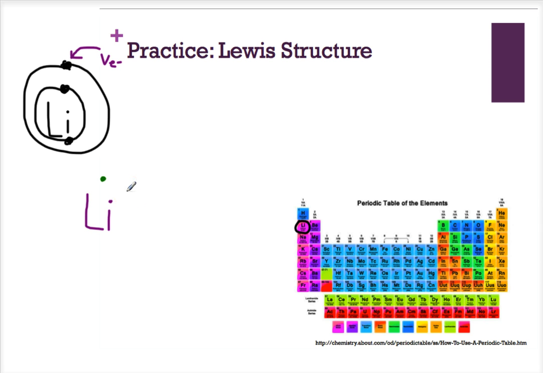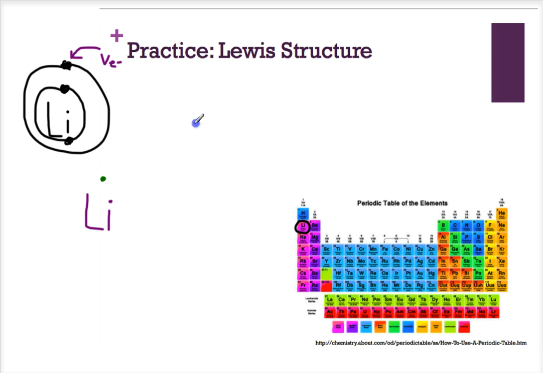Now, just a word of caution, if you decide to do the electron dot diagram or Lewis structure and place your electrons going to the right or clockwise, you must maintain that it must be consistent. If you decide to go from the top to the left, wherever you start, if you go clockwise, you need to keep it consistent. If you go counterclockwise with placing your dots, then it must be consistent. So that's what lithium would look like.